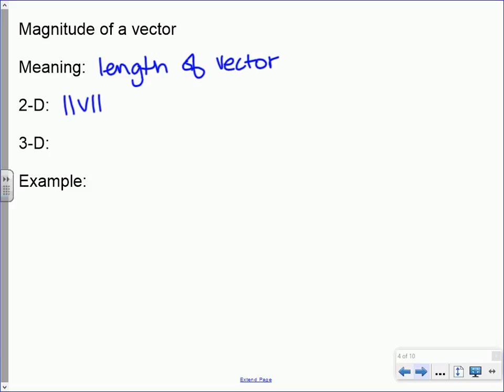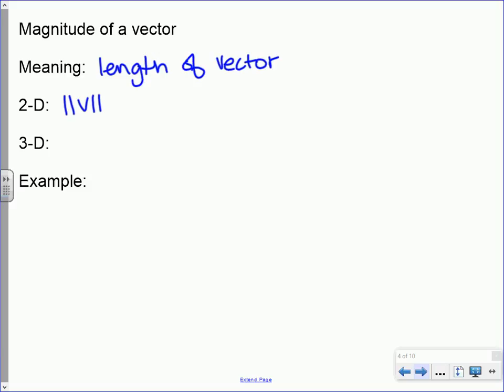Connor, do you remember how we found the magnitude? What is one of our tricks to finding length in a plane? What geometric concept? The Pythagorean theorem.